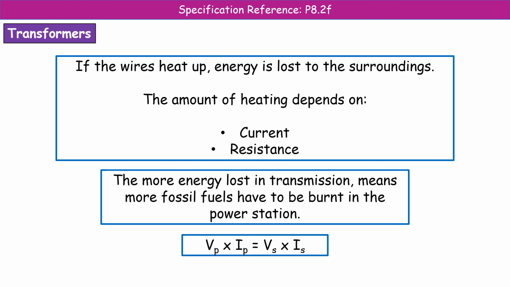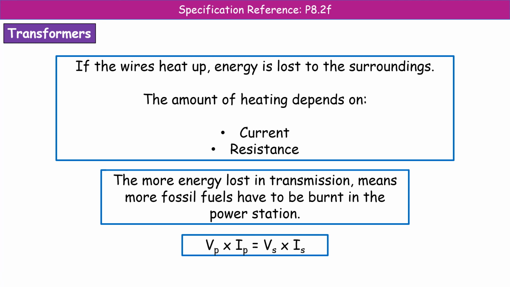Now, the reason we don't want the wires to heat up is because we are then transferring energy from, obviously, our intended store to the thermal store of the wires and then the thermal store of the surroundings. We will see that dissipation effect, i.e. we are going to end up wasting energy.